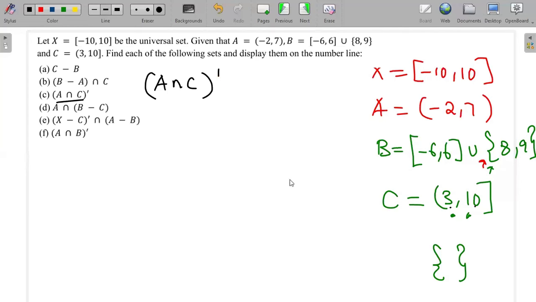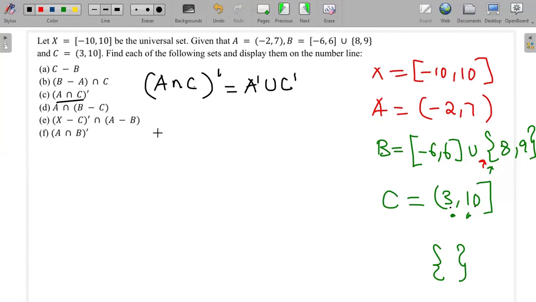You can represent this in another way: I take this complement inside. The complement of A gives A complement, the complement of the intersection gives union, and the complement of C gives C complement.